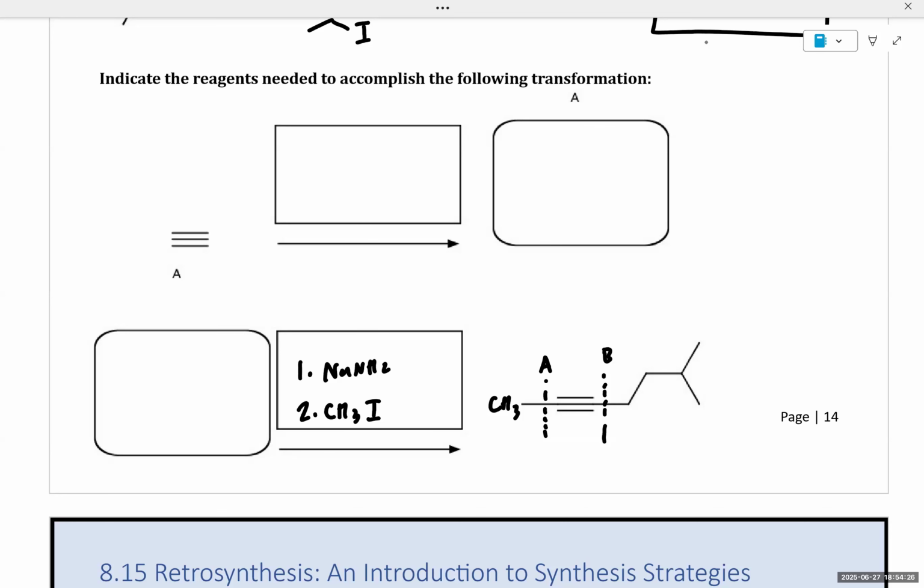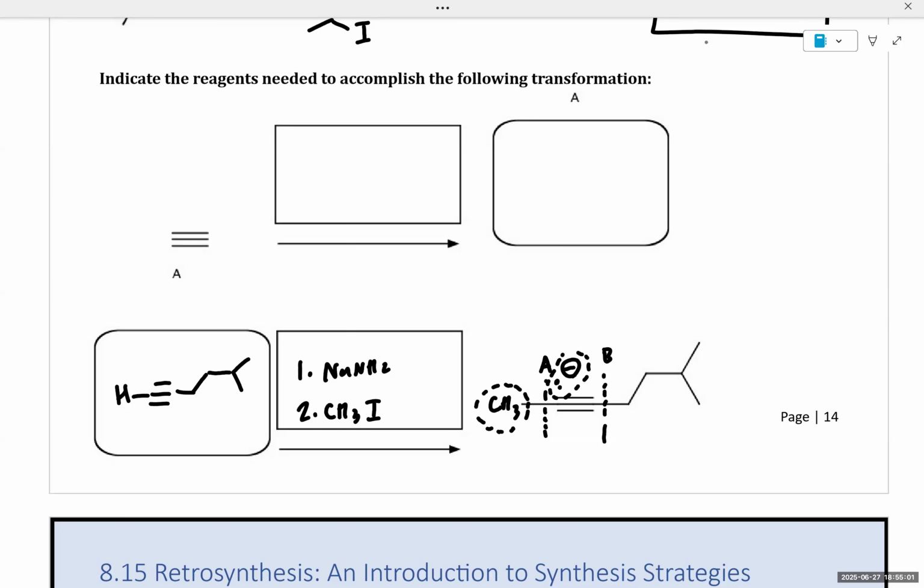If I break this, the acetylide ion I'd need to use would be derived from the following alkyne. So again, whenever you're picking apart an alkyne via these alkylation reactions, break the carbon-carbon bond attached to the alkyne, identify what group is going to be your alkyl halide, and identify what the acetylide ion is going to look like.